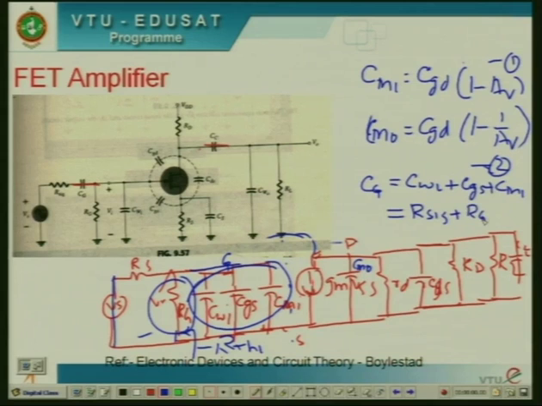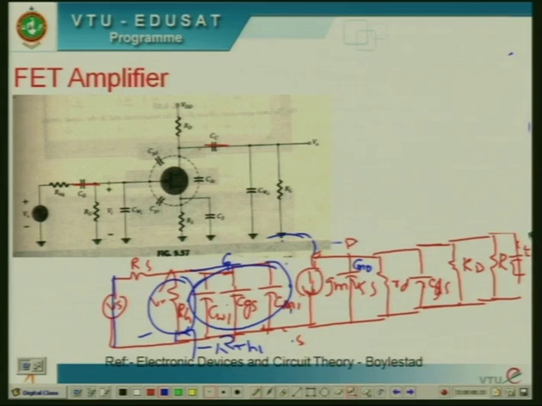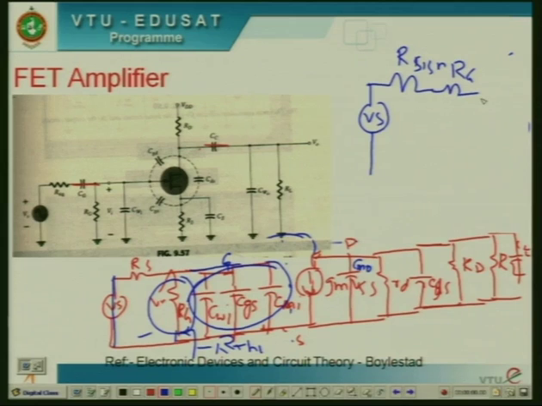Then this input circuit is replaced with its equivalent circuit, that is Vs supply voltage in series with R signal plus RG, and then output is to be taken across CG. Then we need to find the frequency response for this circuit, one step.